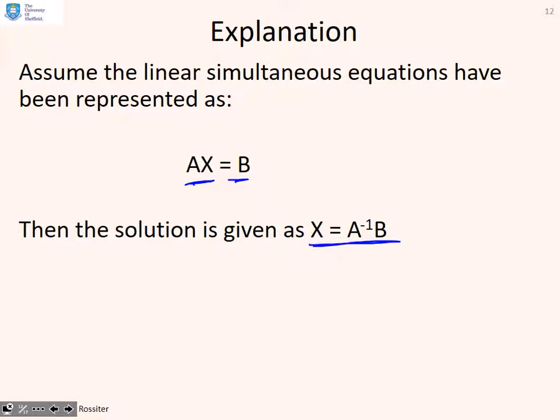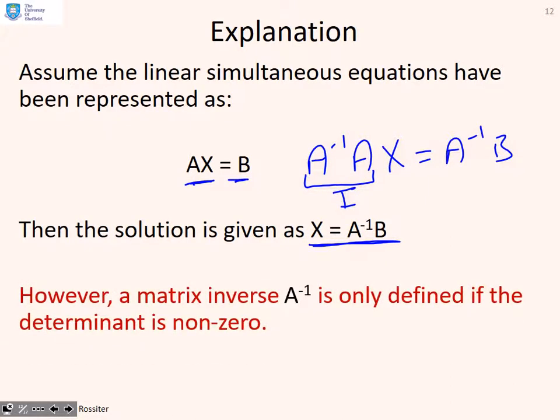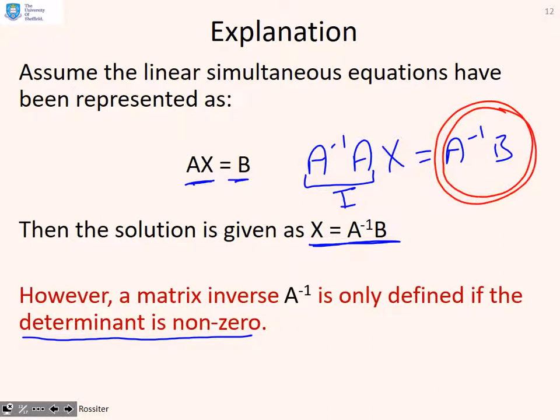You can get that by writing A to the minus 1 Ax equals A to the minus 1 b, and clearly A to the minus 1 A is the identity. Now, the matrix inverse is only defined if the determinant is non-zero. So this solution here is only defined if A inverse exists, and A inverse only exists if the determinant of A is non-zero.